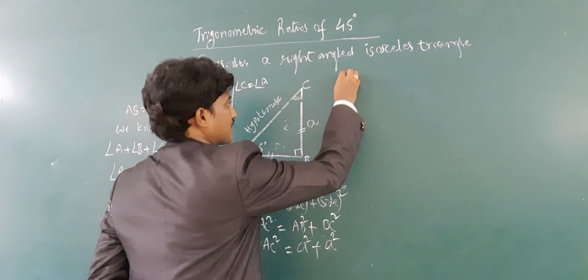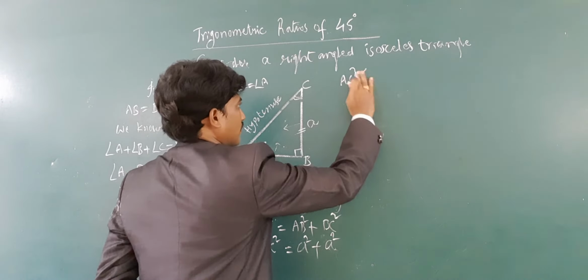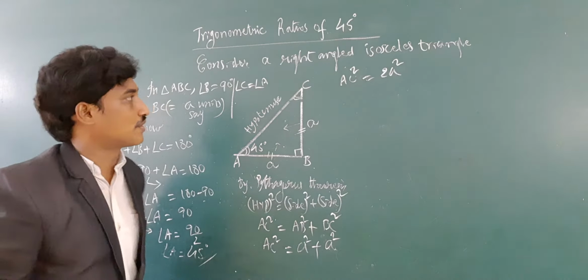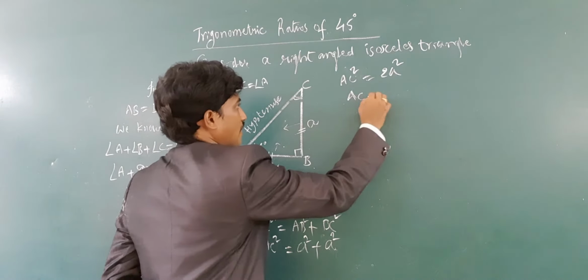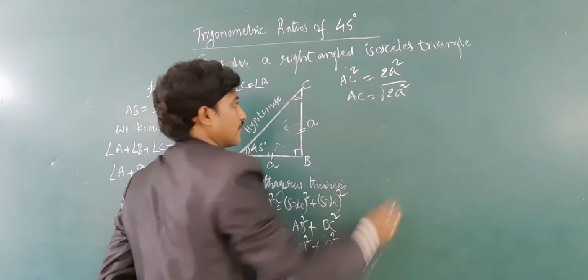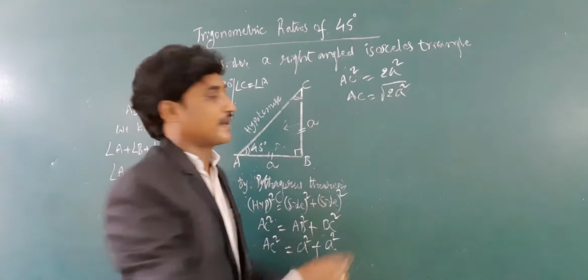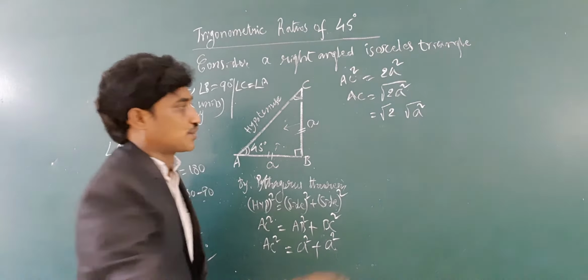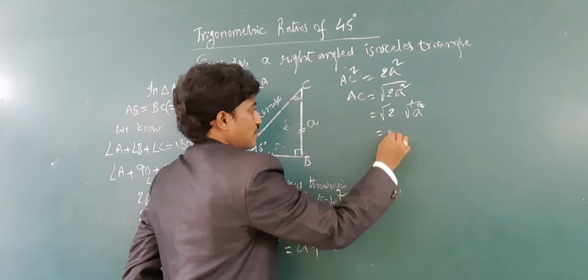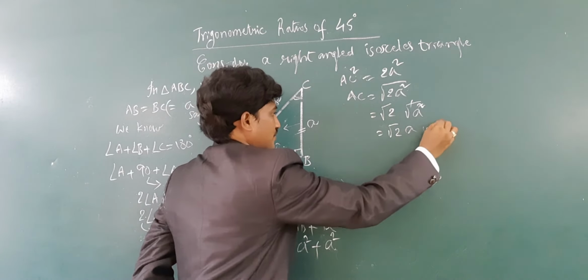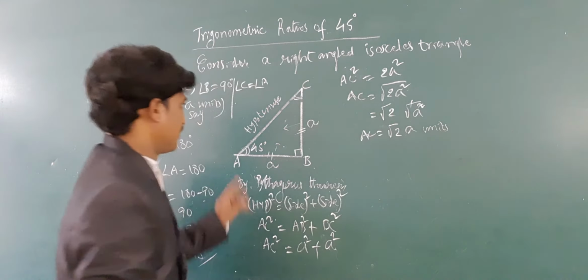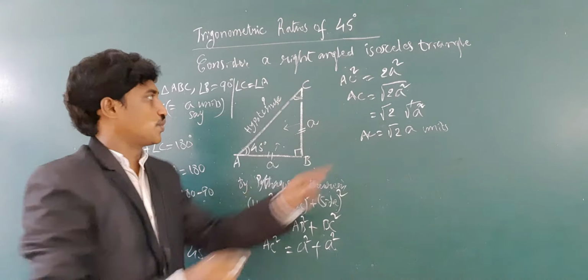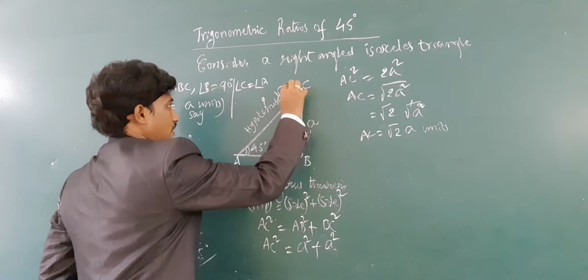So AC square is equal to 2A square. Apply square root. AC equals root of 2A square. I am applying square root separately: root 2 into root A square. Square and root get cancelled, so root 2 into A units.